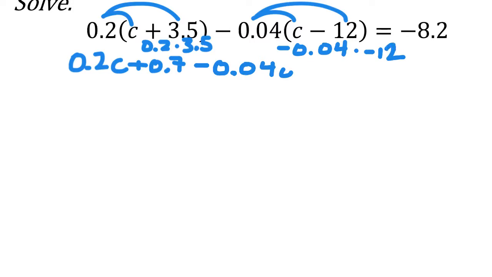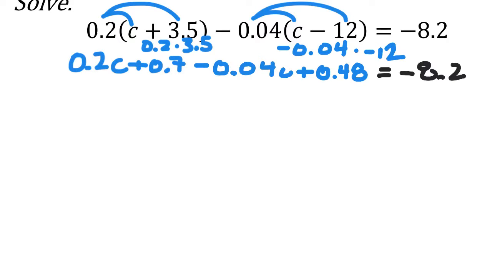Again, the 12 is taking that minus as its sign, being negative. So we'll type that into the calculator. Negative 0.04 times negative 12 should be positive 0.48. So since it's positive, we're going to show it as addition, 0.48, and that takes care of all of the distribution. So this equals negative 8.2.